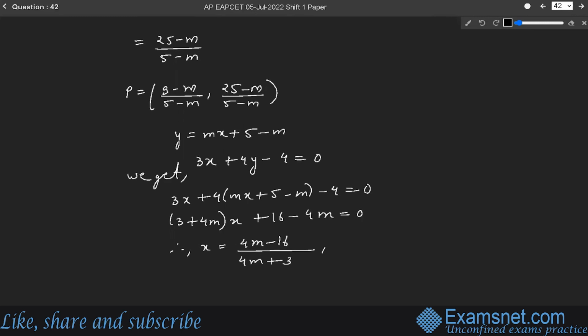And y will be equal to m into 4m minus 16 divided by 4m plus 3 plus 5 minus m.